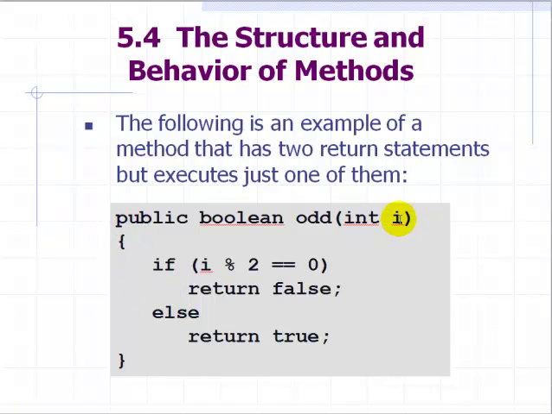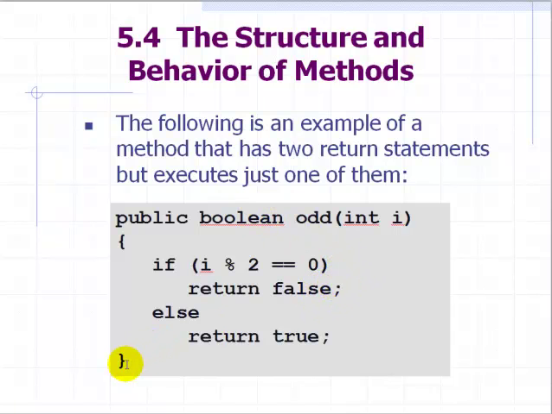So we take the value of this, we mod it by 2. If this is true, it's not odd, so we return false, and false is what is shot back, the Boolean value, shot back to the driver. If this return statement is reached, then the answer is given back.